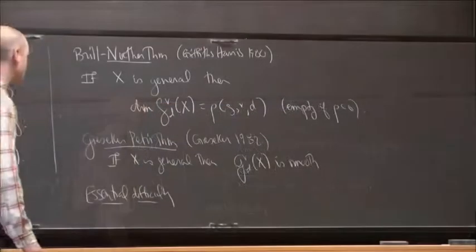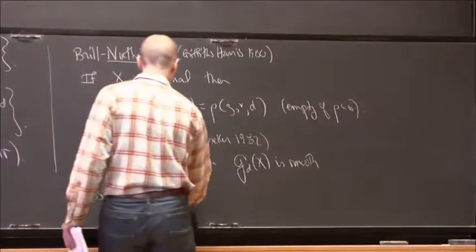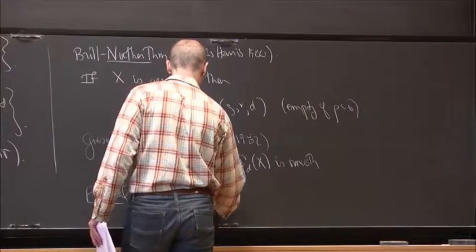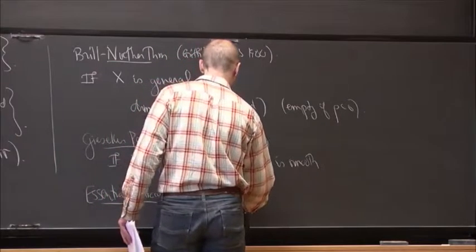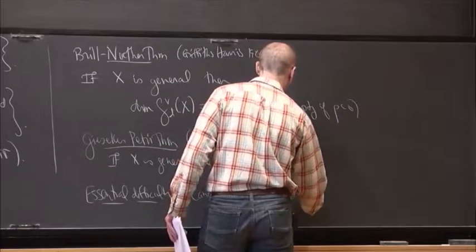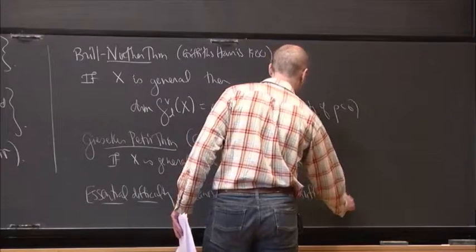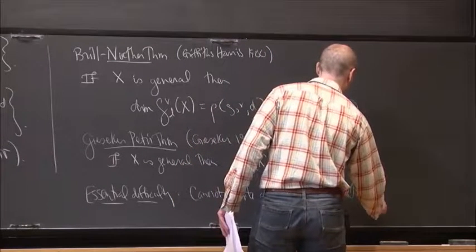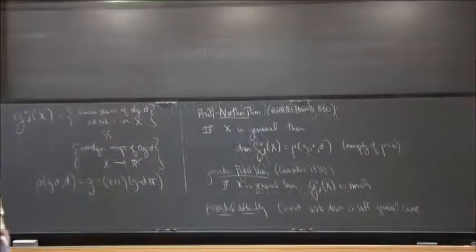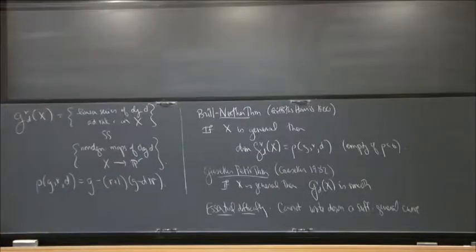So the essential difficulty in both cases is that we still don't know how to write down a sufficiently general curve. Here, write down would mean, say, give generators for the ideal of some embedding in projective space.